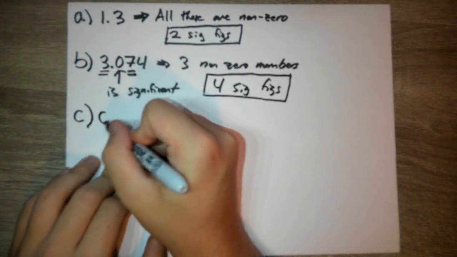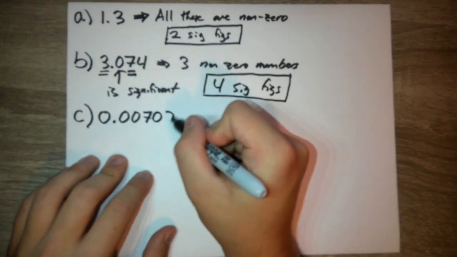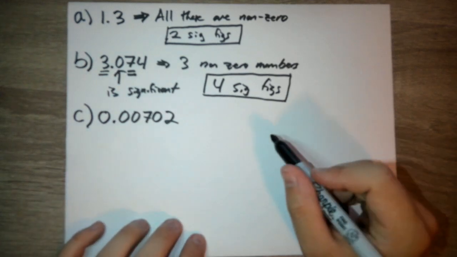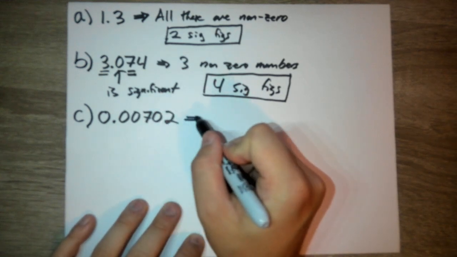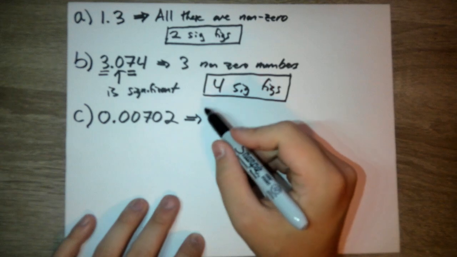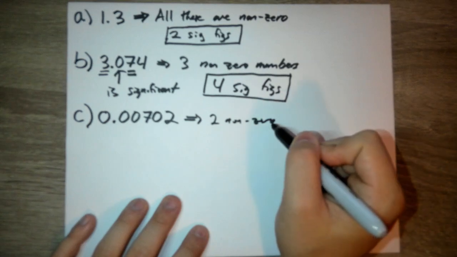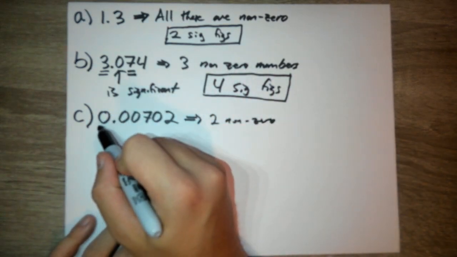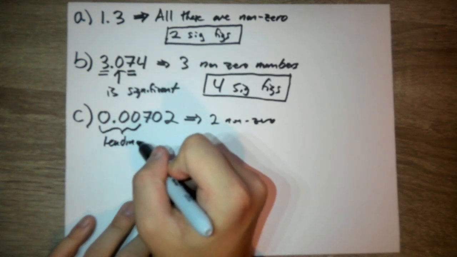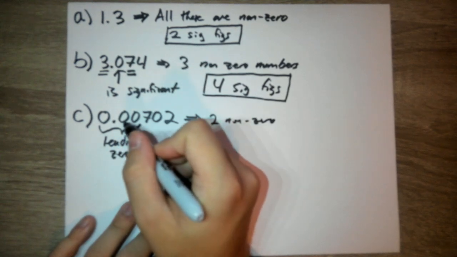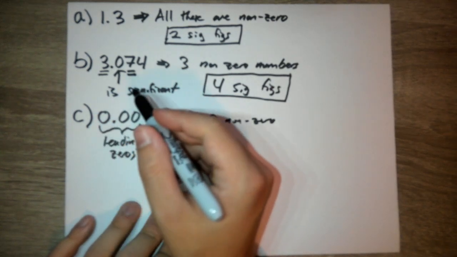Okay, C. Let's go with 0.00702. So we have a lot of zeros here. We can see, first of all, we have 2 non-zero numbers. So we know those are significant. Now let's look at these zeros here. These ones are leading zeros because there's no non-zero significant digit before them.